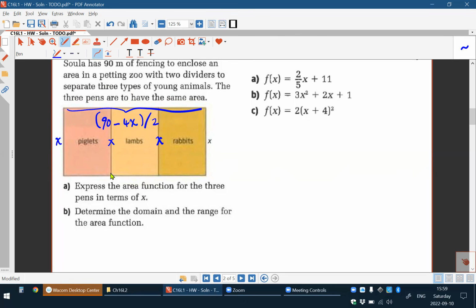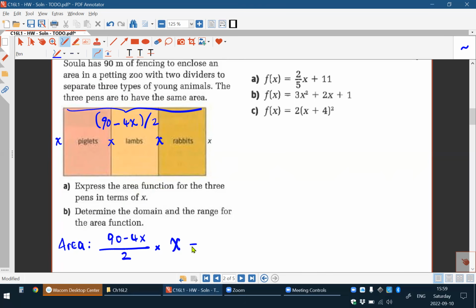Therefore, express the area function for the 3 pens in terms of x. So what is the total area? Total area is length times width, right? Length is 90 minus 4x over 2, then times width, which is x.